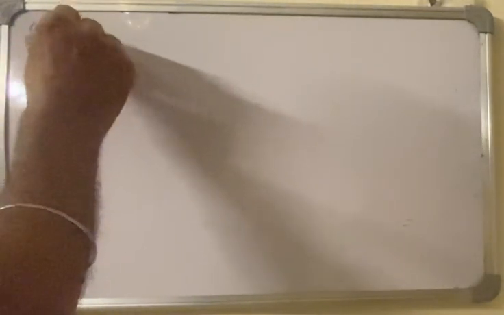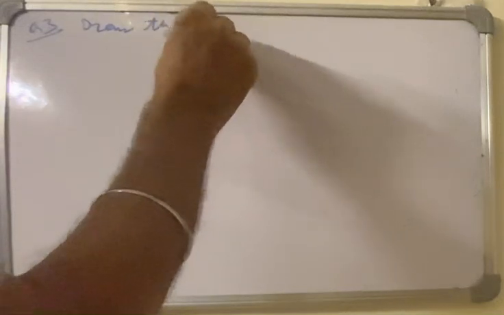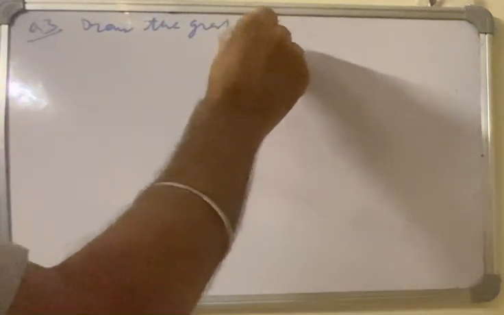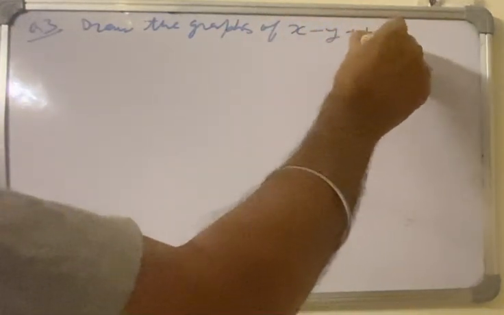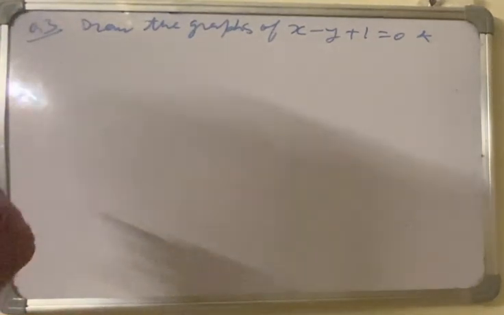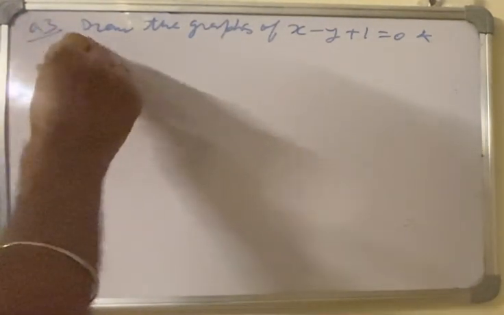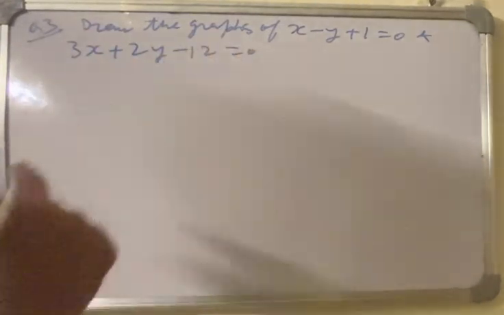Draw the graphs of x minus y plus 1 is equal to 0 and 3x plus 2y minus 12 is equal to 0.